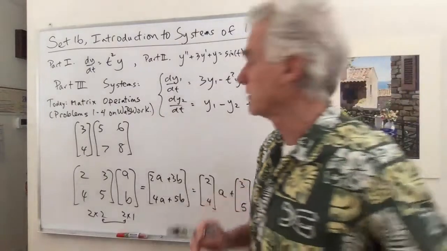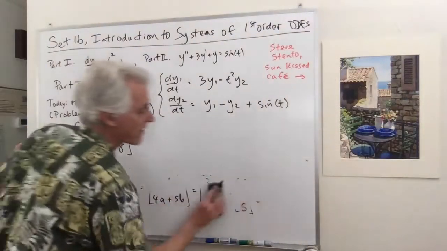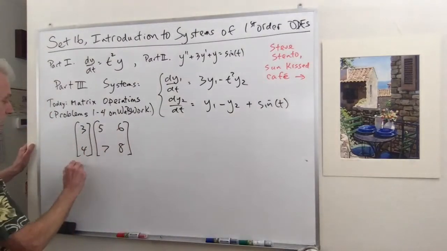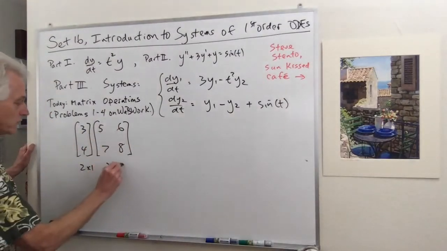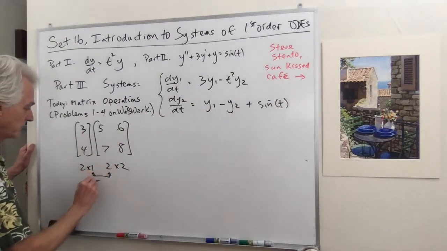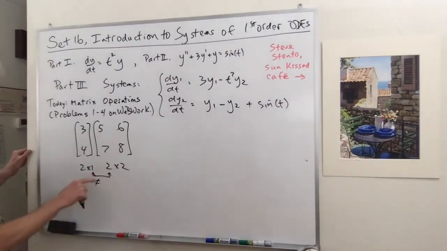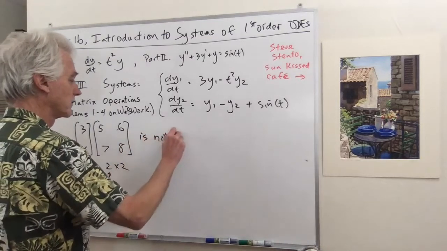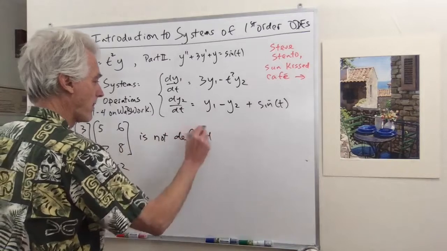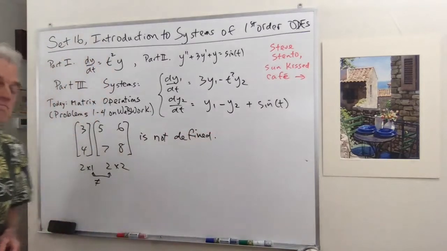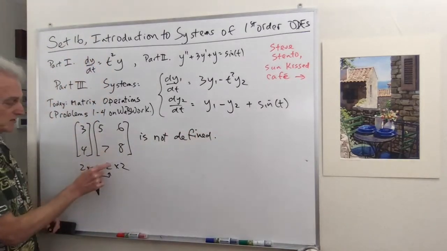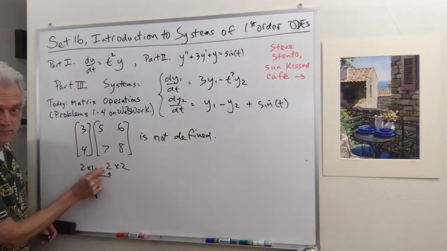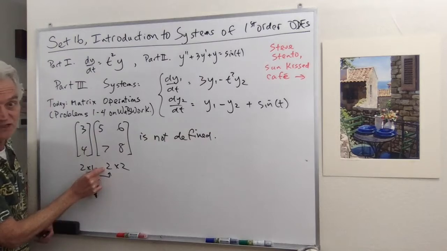Well, how do we tell that? This is a 2 by 1 matrix. This is a 2 by 2 matrix. These are not equal, right? 1 is not the 2. So this is not defined. When you put them next to each other, those two inner numbers aren't the same, so this matrix multiplication isn't defined.